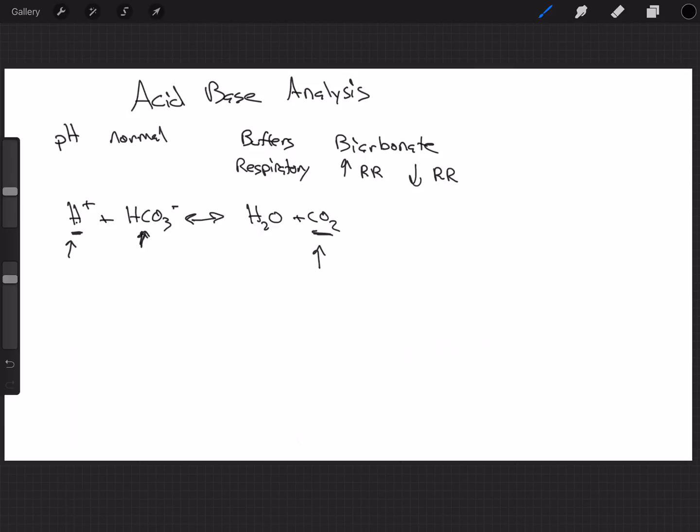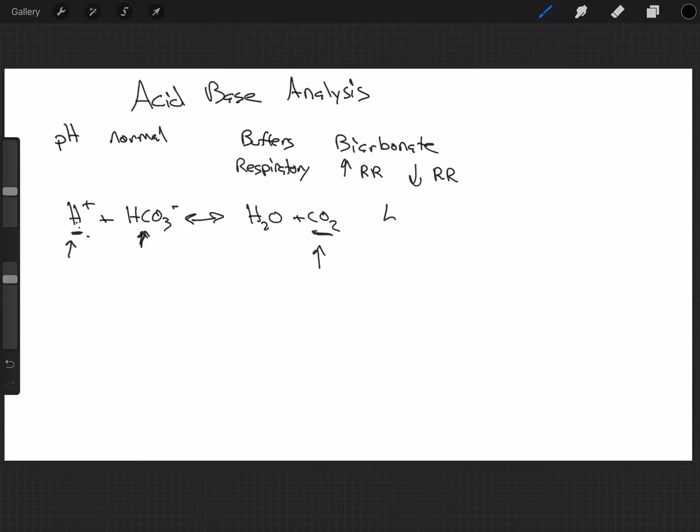Likewise, if our respiratory rate goes up and we breathe out a whole bunch of CO2, the body will recognize that and start some chemical reactions, and we're going to end up with an alkalosis situation. If you breathe out a bunch of CO2, because CO2 is an acid, the body becomes more alkalotic.